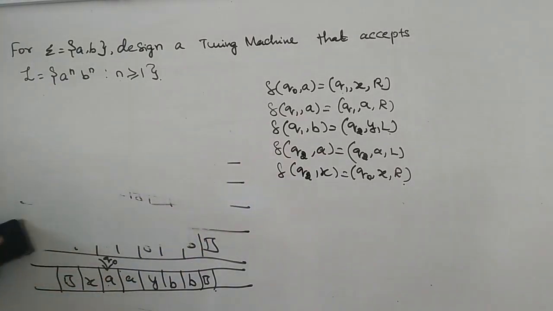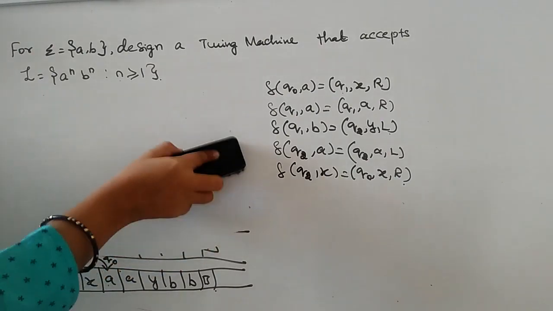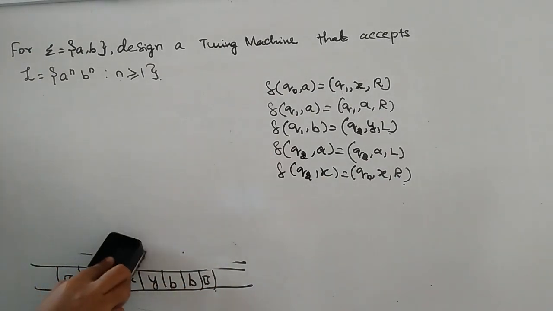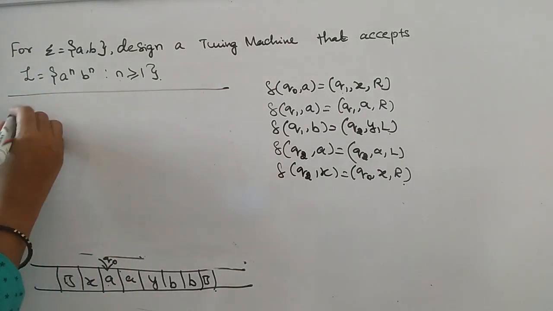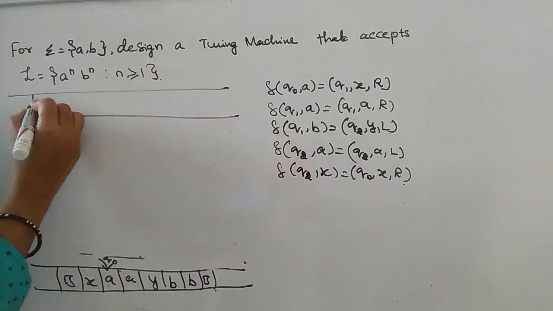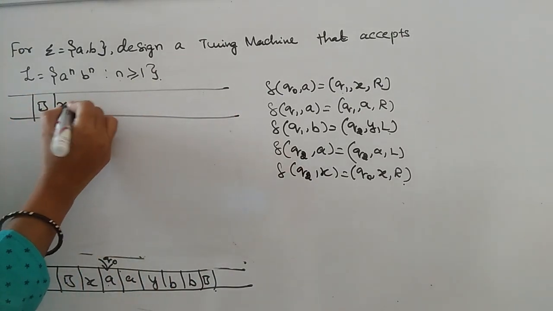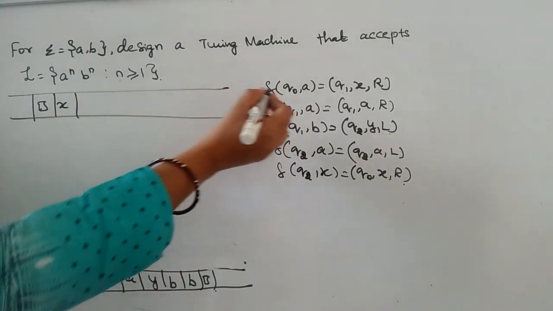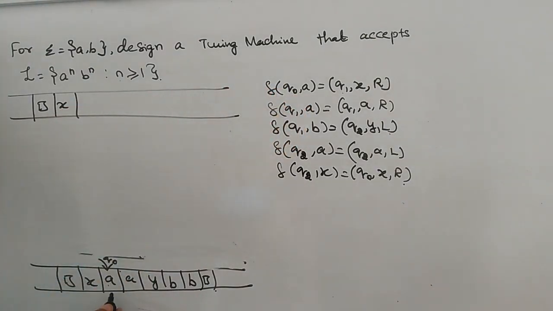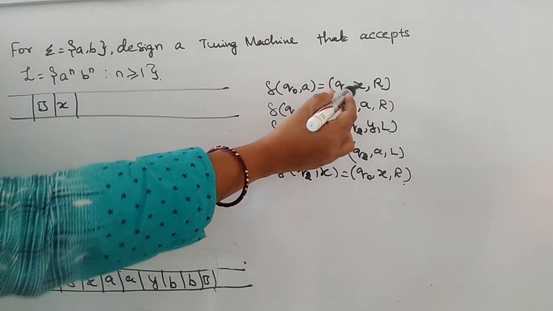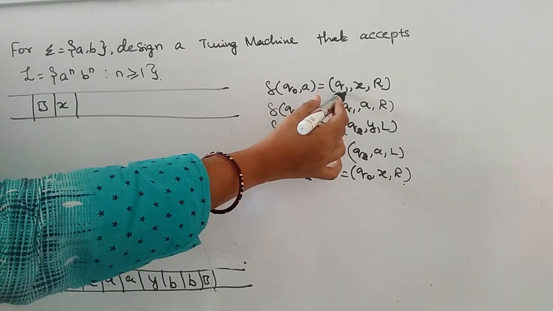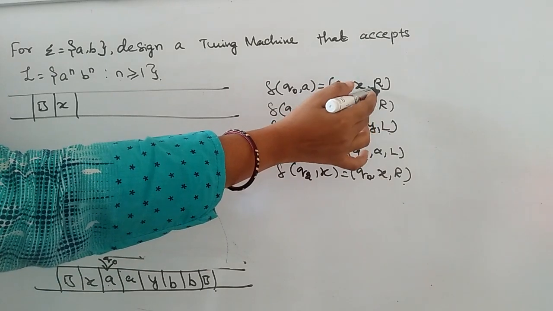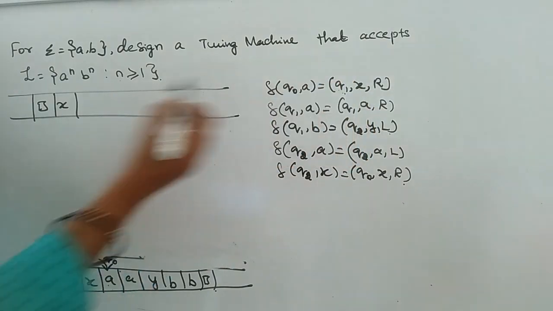What I am going to do here is write X, and as per this transition, since the machine is in the state Q0 and it is pointing to the symbol A, it must be replaced by the symbol X, and the machine will be shifted to the state Q1, and the read write head must be shifted towards right.